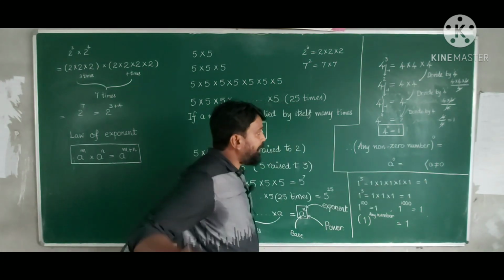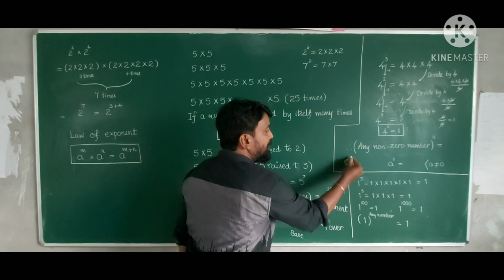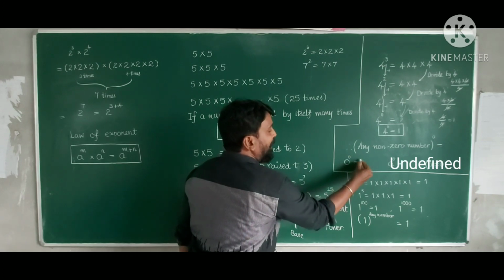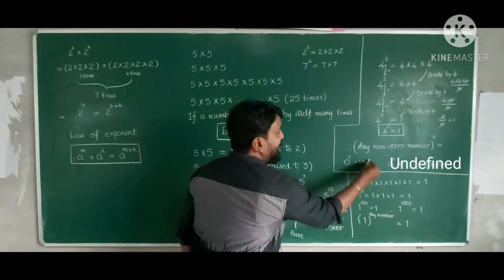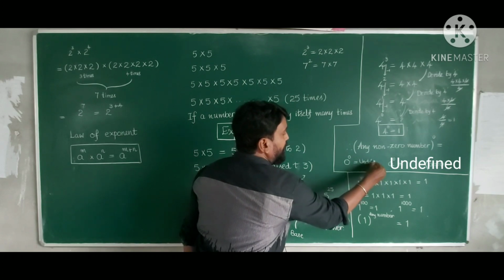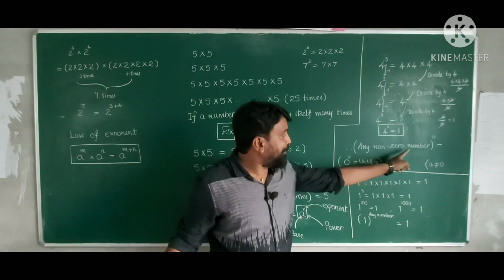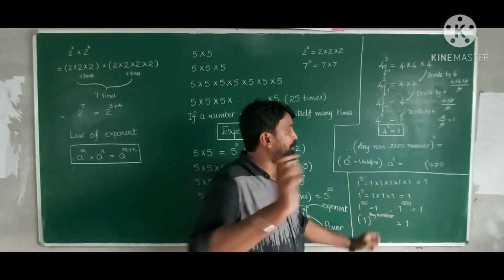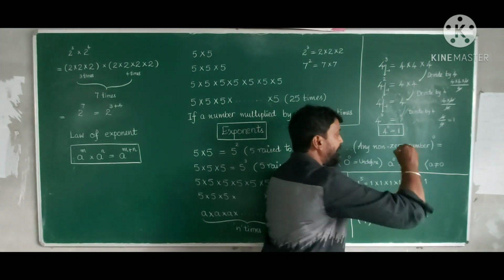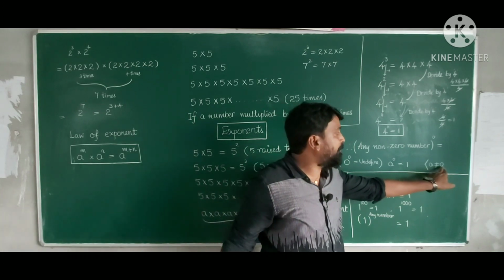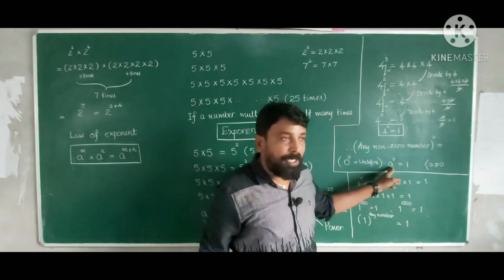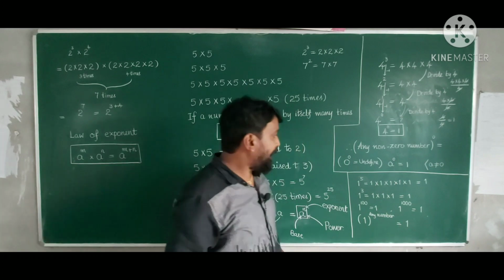What will happen if the base is 0? 0 power 0 is undefined, an indeterminate form. So you should compulsorily mention that a power 0 is equal to 1 for any value, but the base should not be equal to 0, right.